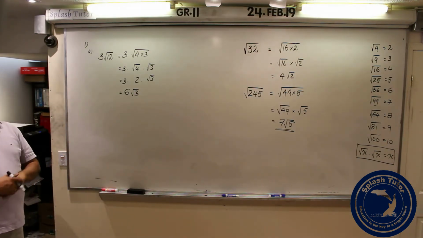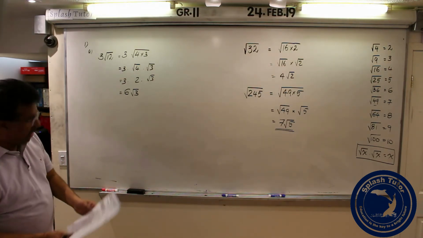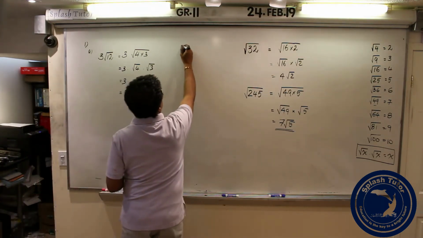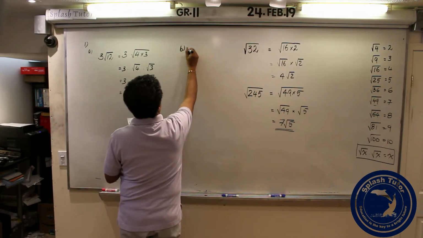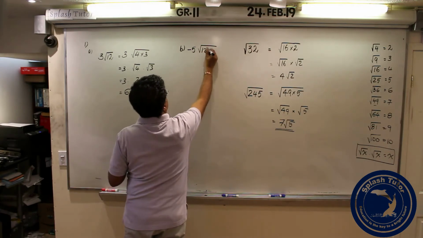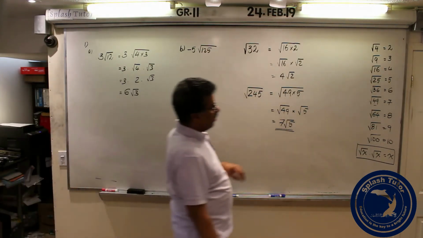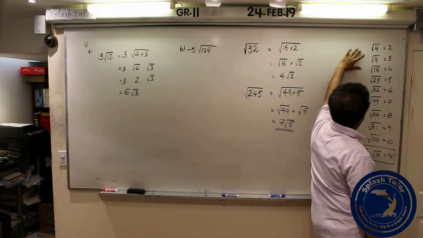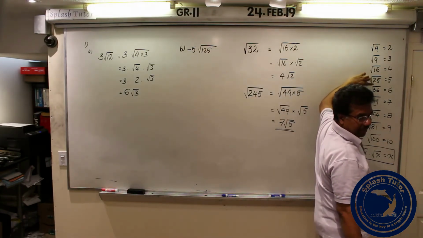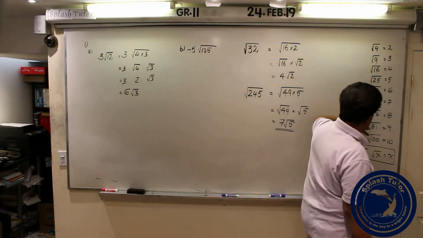6 root 3. Okay, let's try B. The B is minus 5 root 125. Now, we have 125 in the root. We need to search for a number that can be divided into it. We know it is 25. 25 is the simplest number here; we cannot go further down because it's too big.